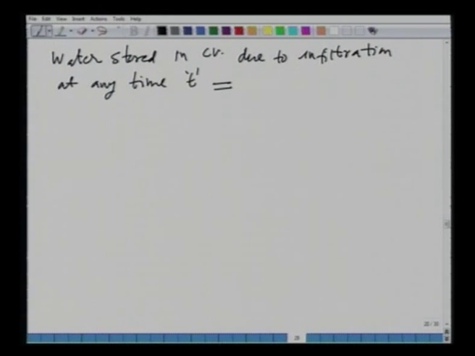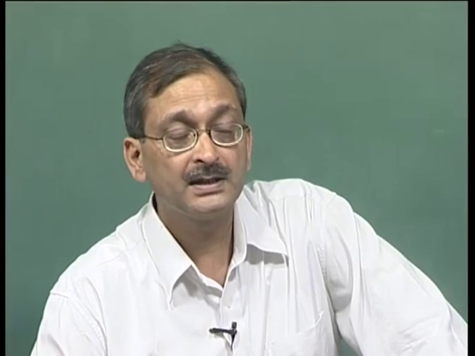Can you think about that? What will be the amount of water stored in the cylinder which we have just drawn at any given time t? Remember, we have defined L as the length of the wetting front, and the wetting front represents the infiltrated water at any given time.